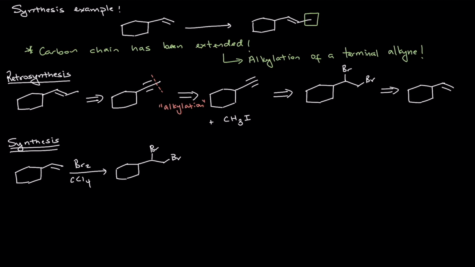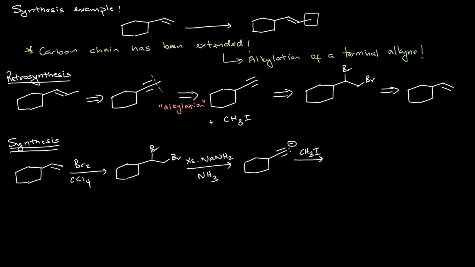You can form your terminal alkyne by treating that vicinal dihalide with excess sodium amide. Note that this gets you all the way to the alkynide ion because you're going to go through a double E2 elimination as well as a proton transfer step. However, that's actually what you need because the alkylation reaction requires your alkynide ion.